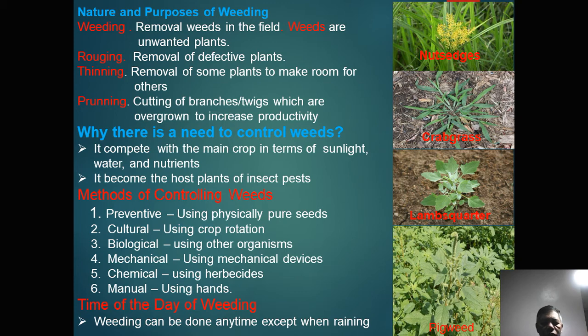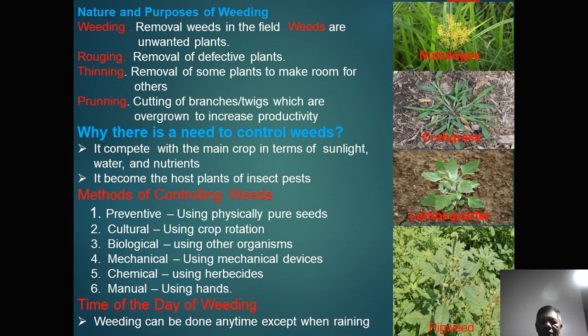We need to control weeds or even defective plants, even small plants, in order to refrain from the competition with the main crop. For instance, you planted corn in a particular garden or area.